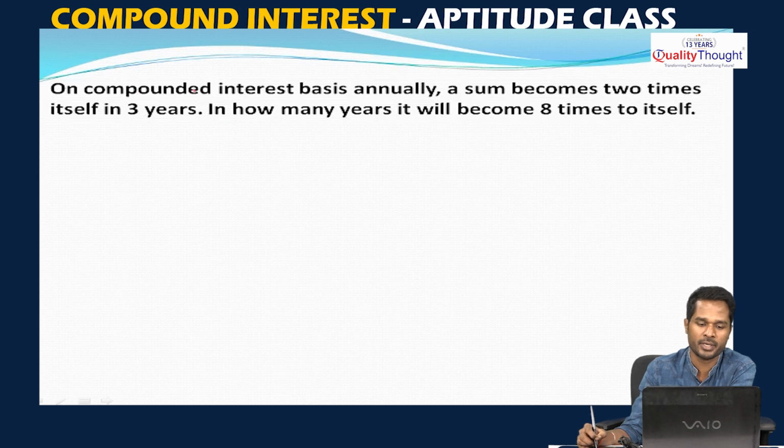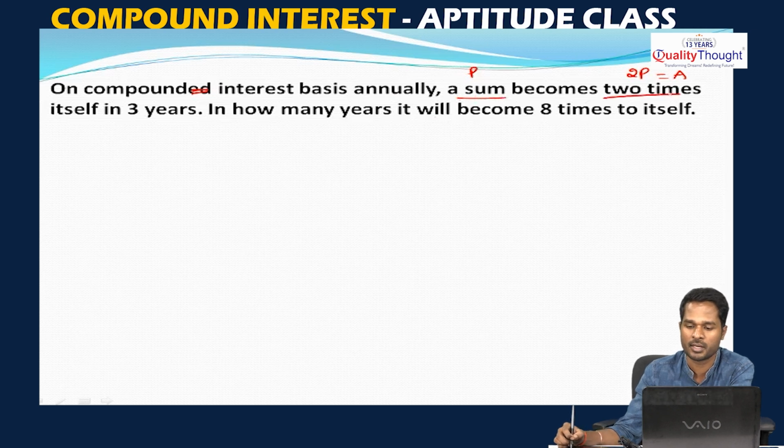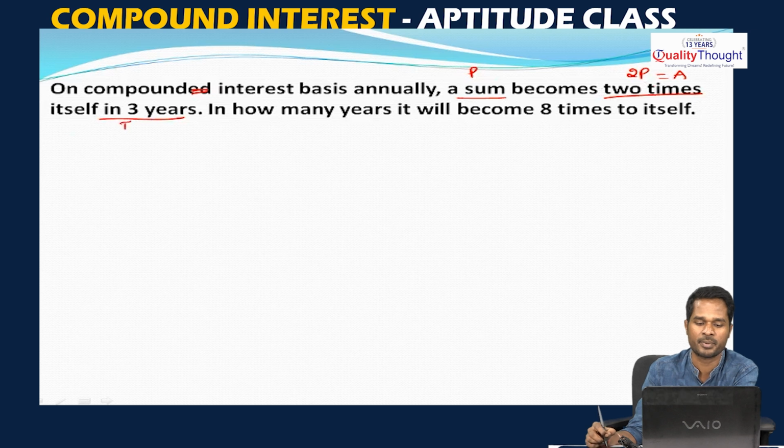So on compound interest basis, annually, for every year it is calculated, there was a sum P, and it has become 2 times itself. That means the total amount has become 2 times the principal amount in 3 years. So, in 3 years this has happened.